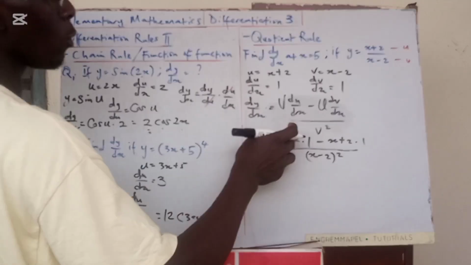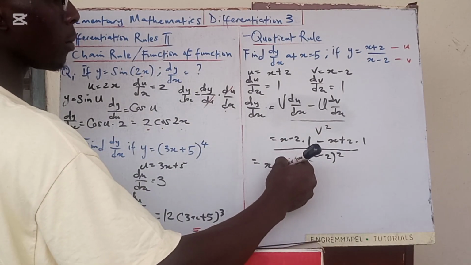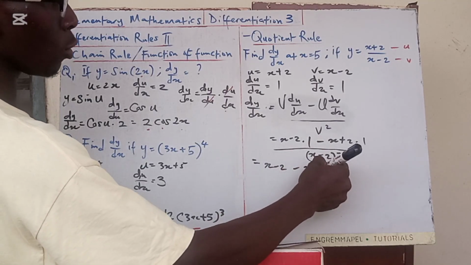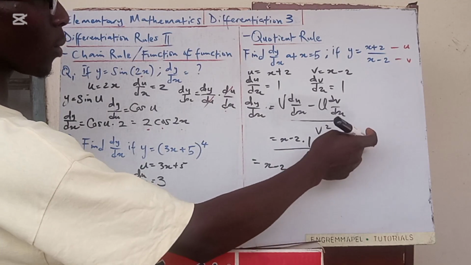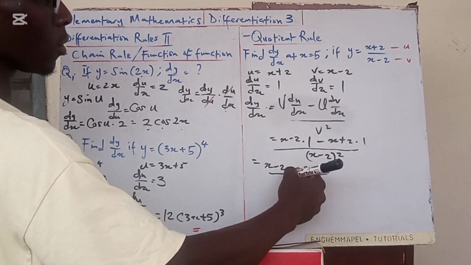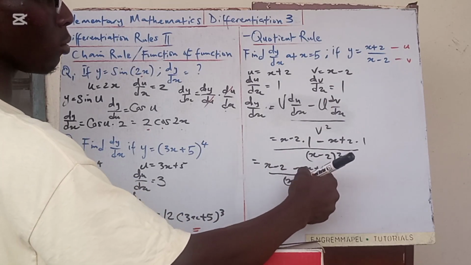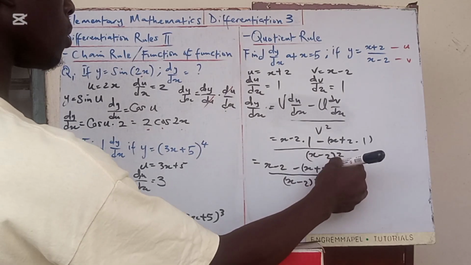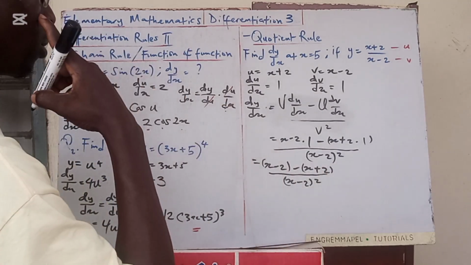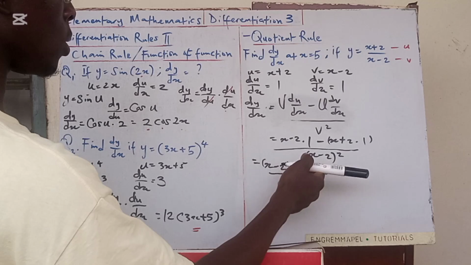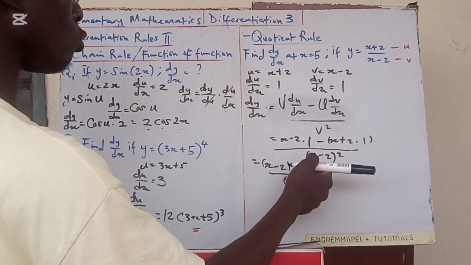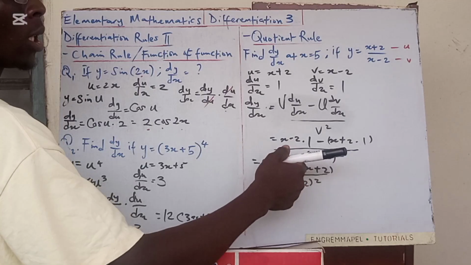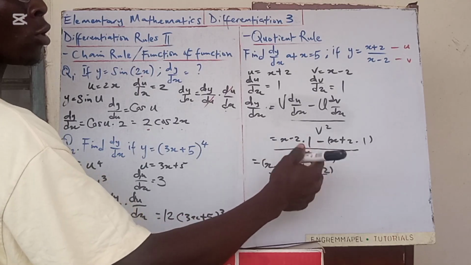So this multiplied by 1 will still give you x minus 2, then minus (x plus 2), because when you multiply by 1, it's still going to be the same. So over (x minus 2) squared. Now inside brackets here, if you open this bracket with the minus, it's going to be minus times plus, which will give us minus.